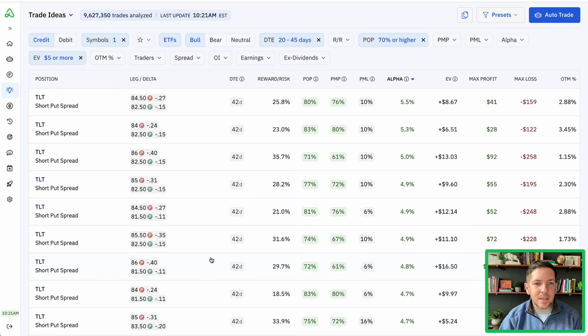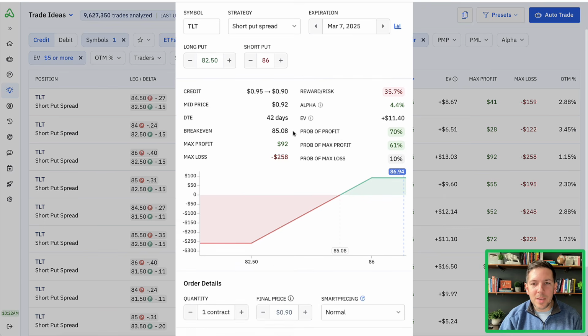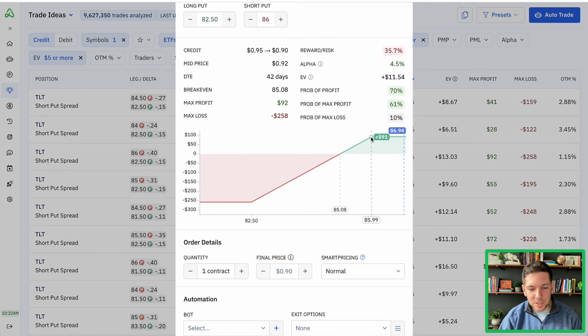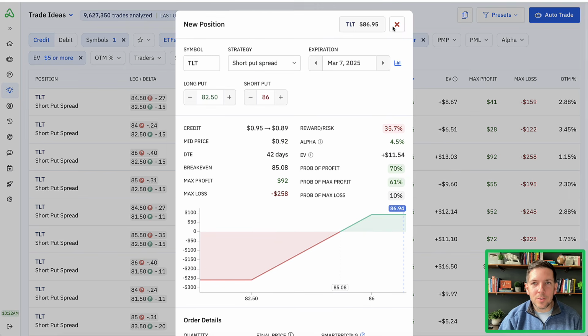So you might want to go through here and look at these potential trade ideas and see if any of these trade ideas meet your criteria. These would be bullish positions, like I said. So you're selling a put option at 86, and then you're buying a put option further down below at, say, 82.5 or so, and trying to enter those positions.